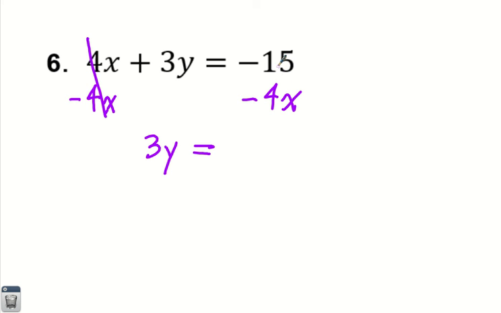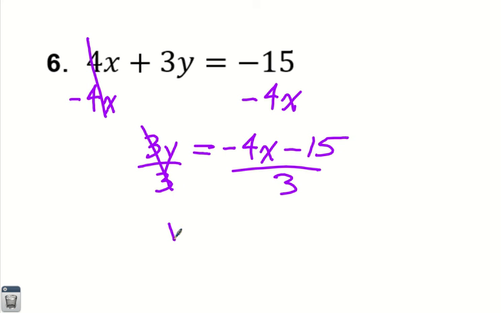I could write this as negative 15 and then the minus 4x, but I am going to start to insist here that we put the x term first, then the regular number, negative 15. And then we divide both sides by 3 in order to undo that.